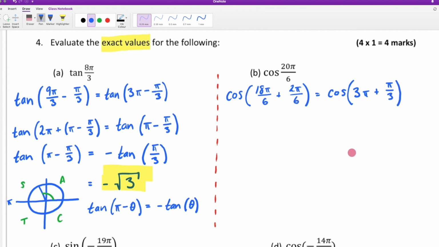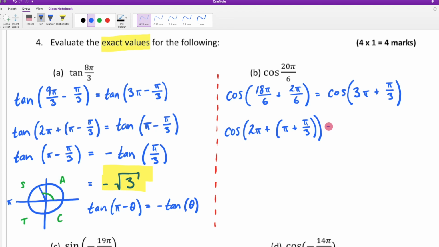So that is what I'm left with. Now we're going to break up this 3 pi into 2 pi plus pi. Then I've got my pi on 3.